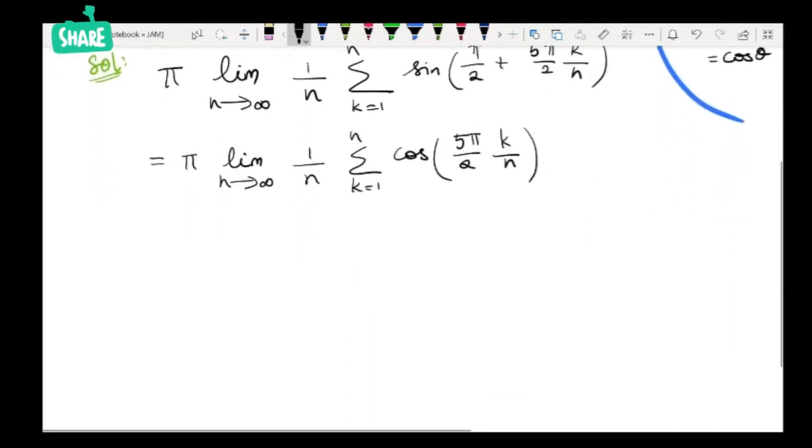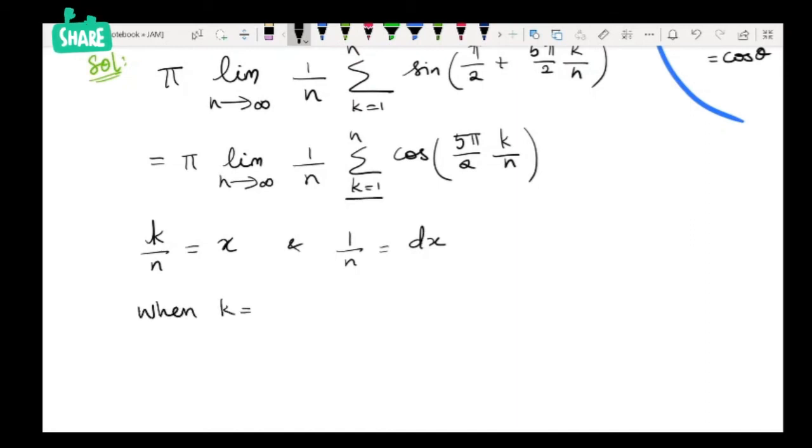Now how are we going to calculate this series? Let's try to convert it into an integral, right? For that I'm going to take k by n as x, and k is the variable here, right? It varies from 1 to n. So differentiating that, we'll get 1 by n is equal to dx. So we're going to apply these two in the series. And what will be the limits of the integral?